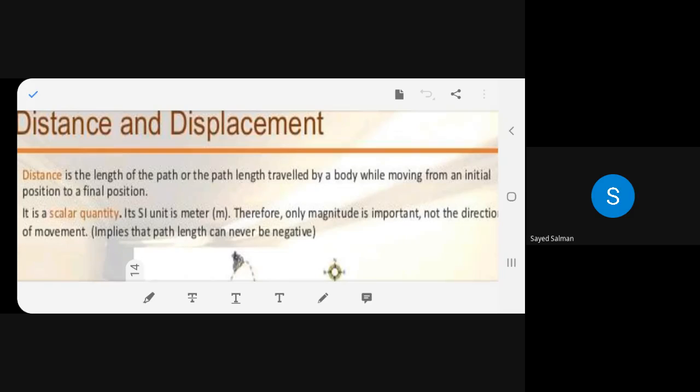So now distance is what? It is the complete length of the path which a body travels when it is moving from the initial to the final position, right? That is the complete length of the path.